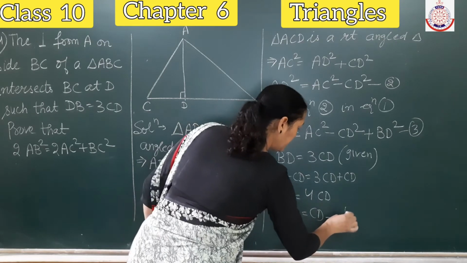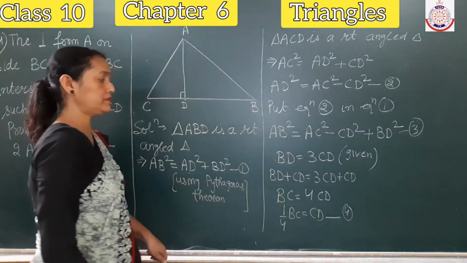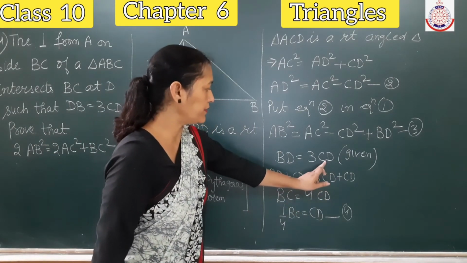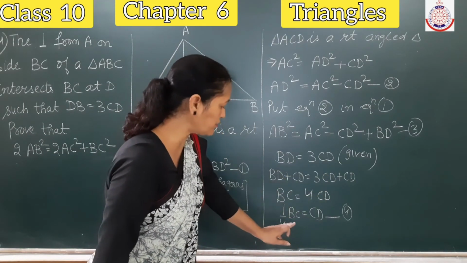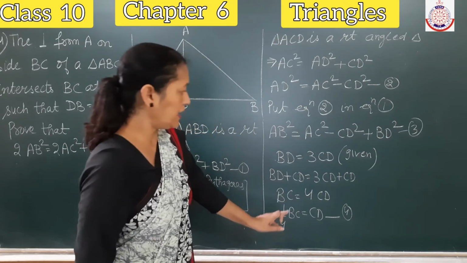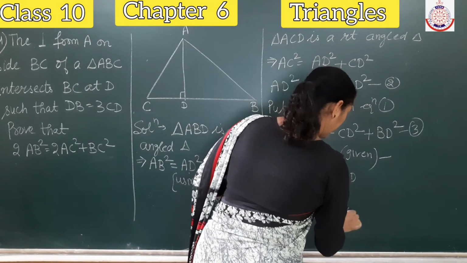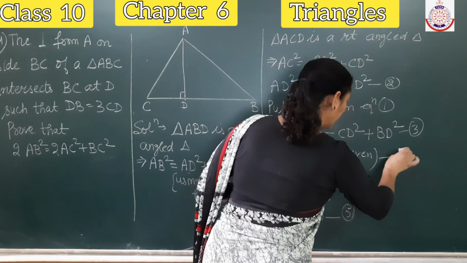This will be the 4th part. And the value of CD is 1/4 of BC, that will be equation number 5.